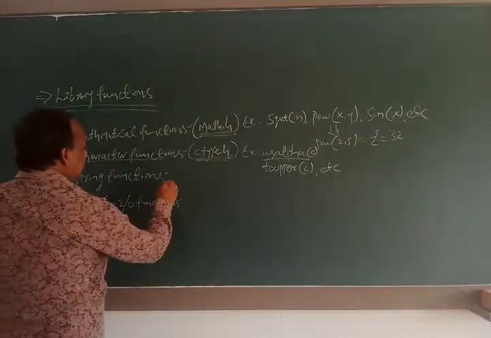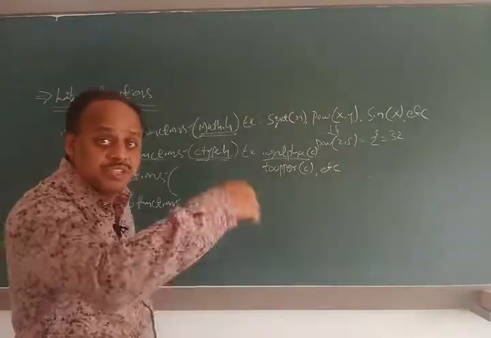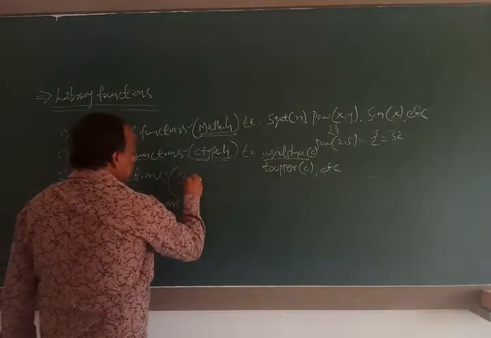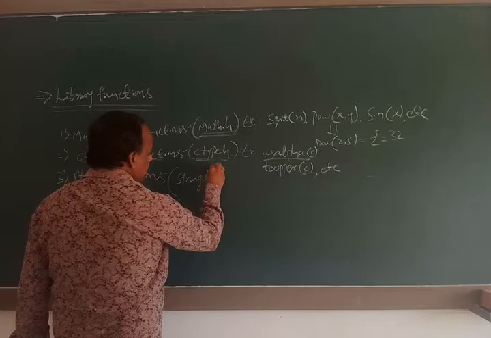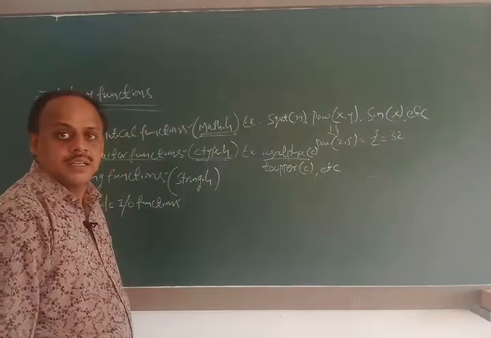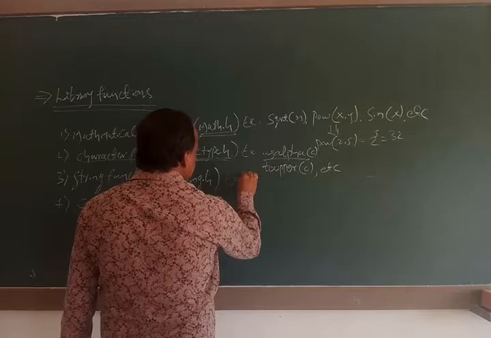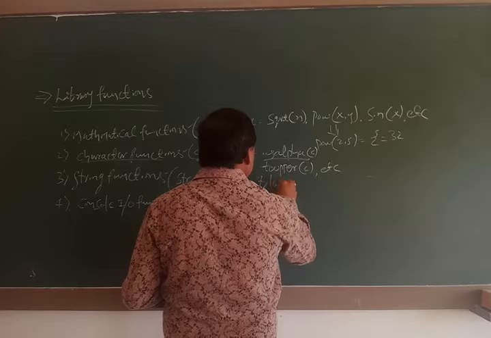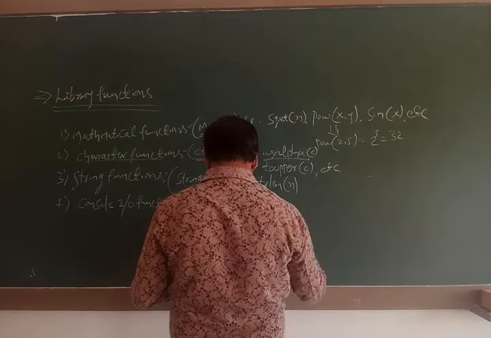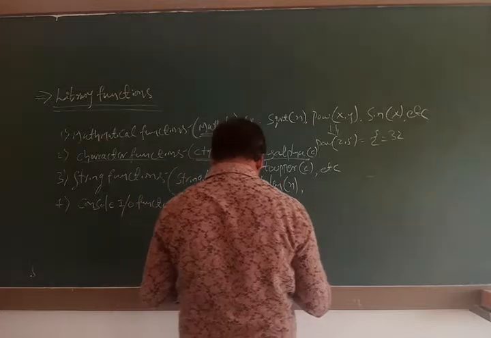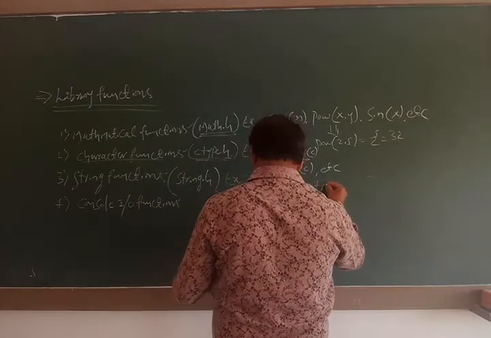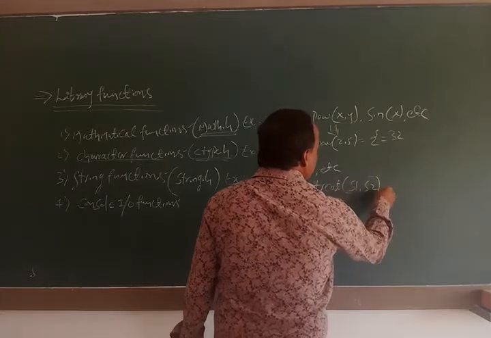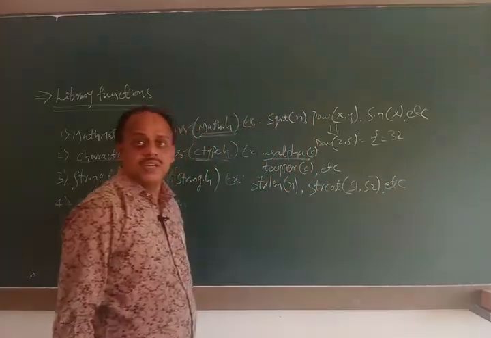In the same manner, to include some string functions in our program, we have to add a file called string.h. Examples for string functions are strlen of n, strcat of s1 comma s2, etc. So these are string functions.